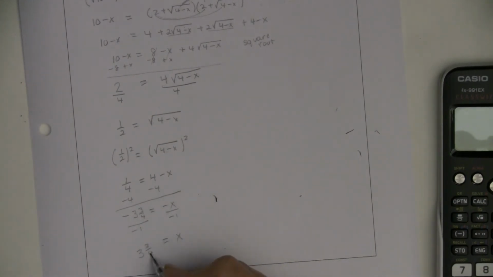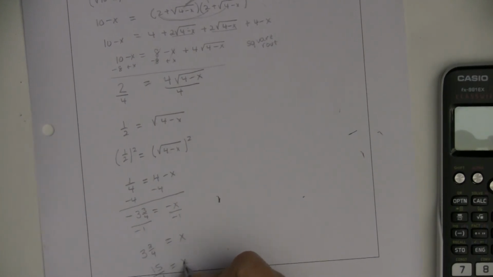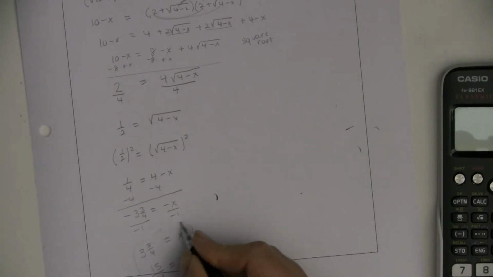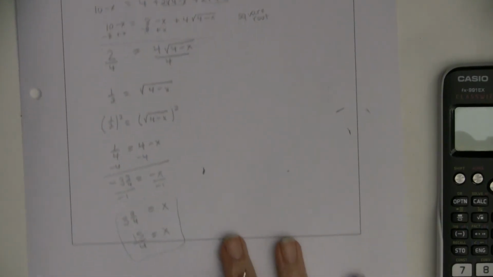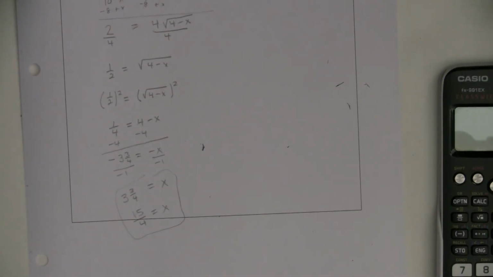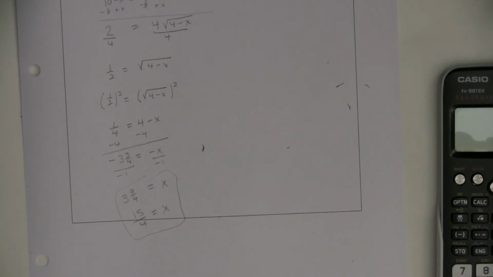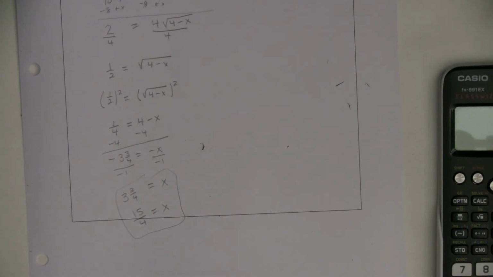Your calculator might have told you this is 15/4. Either way, they're the same, right? And so either 3 3/4 or 15/4, whichever one. I didn't want to use my calculator to do it, and so it was easier for me to think of it as a mixed number than as an improper fraction.